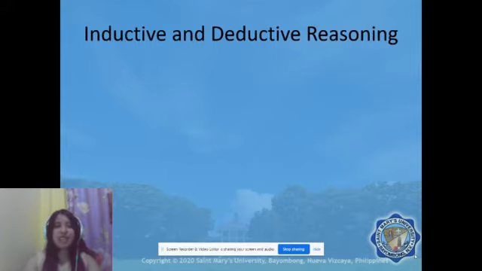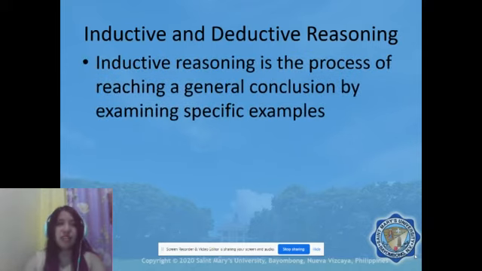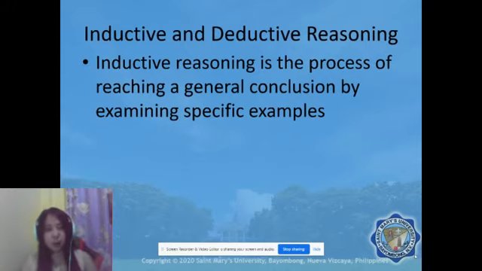Okay, so what is inductive reasoning and what is deductive reasoning? Inductive reasoning is the process of reaching a general conclusion by examining a specific example. In other words, it is from specific to general.